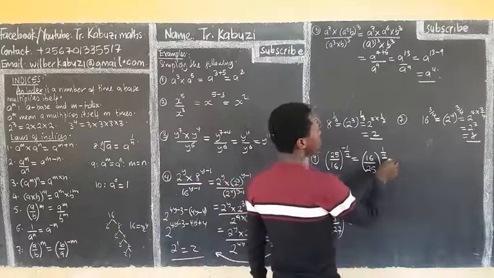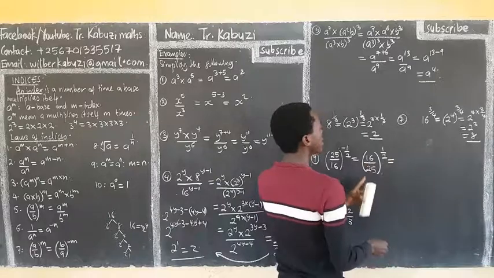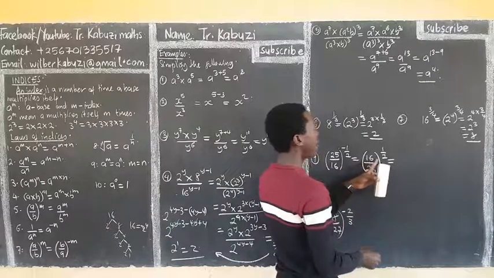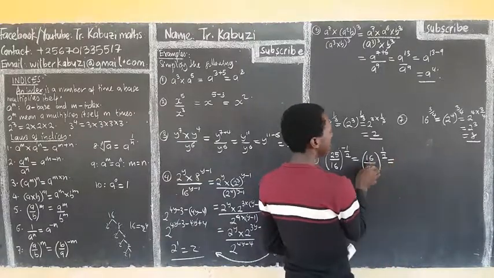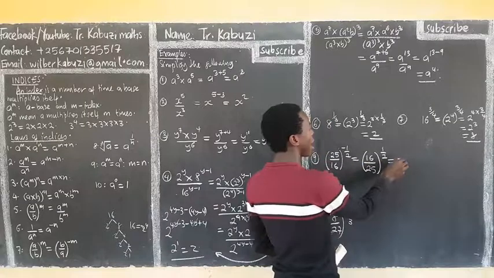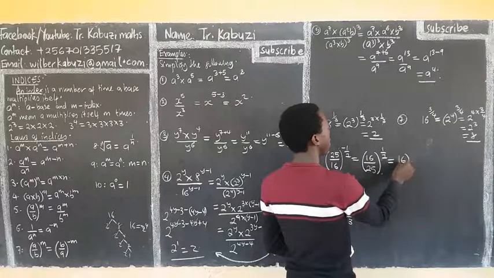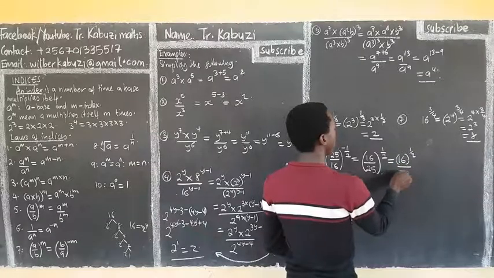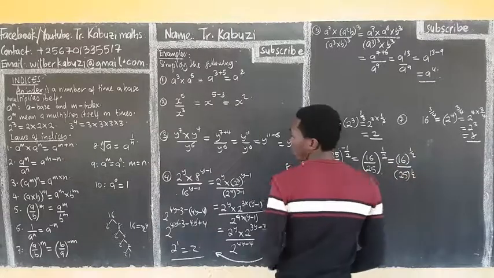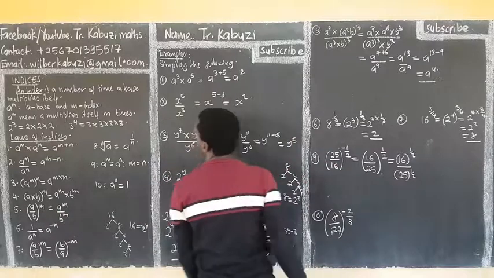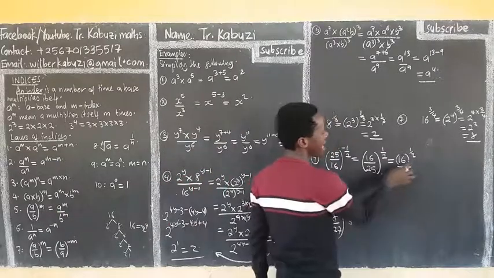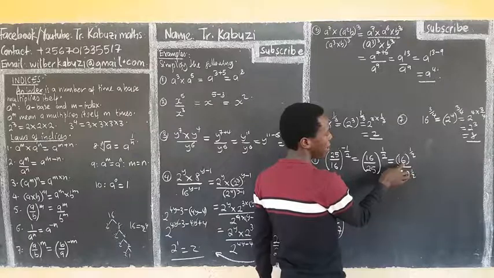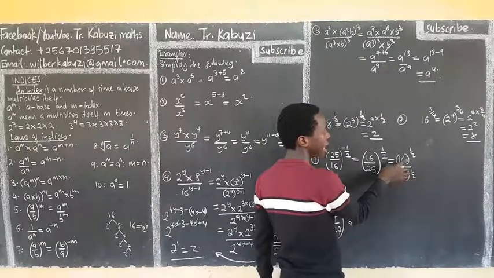Okay, now you look at this. 16 is there. I will be having 16 power half over 25 power half when I use this property here. Now, is there any number such that when the denominator of the power is 2, I put it to power 2 and I get 16?